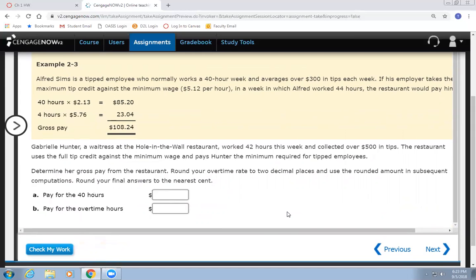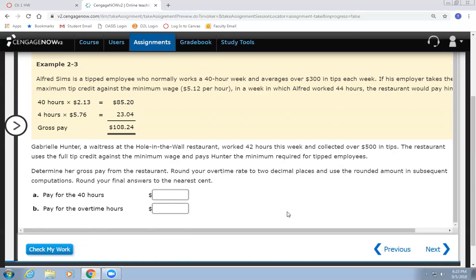The restaurant uses the full tip credit against the minimum wage and pays Hunter the minimum required for tipped employees. It wants us to determine her gross pay from the restaurant. We want to round her overtime rate to 2 decimals and use the rounded amount in subsequent computations. So that's when rounding becomes very important.